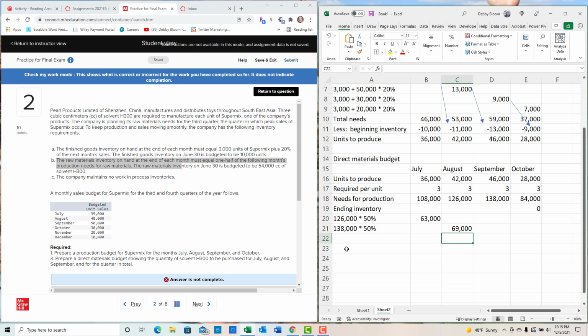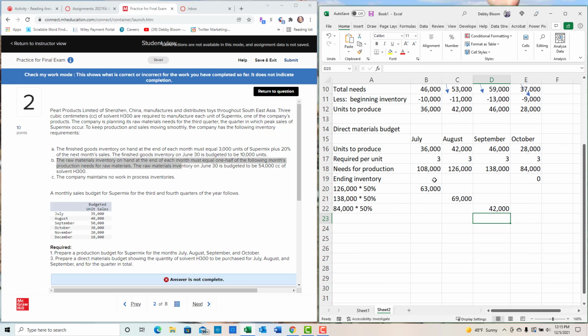For September, I'm going to take 84,000 and multiply that by 50%. That will make it a little bit clearer for you where the numbers come from.